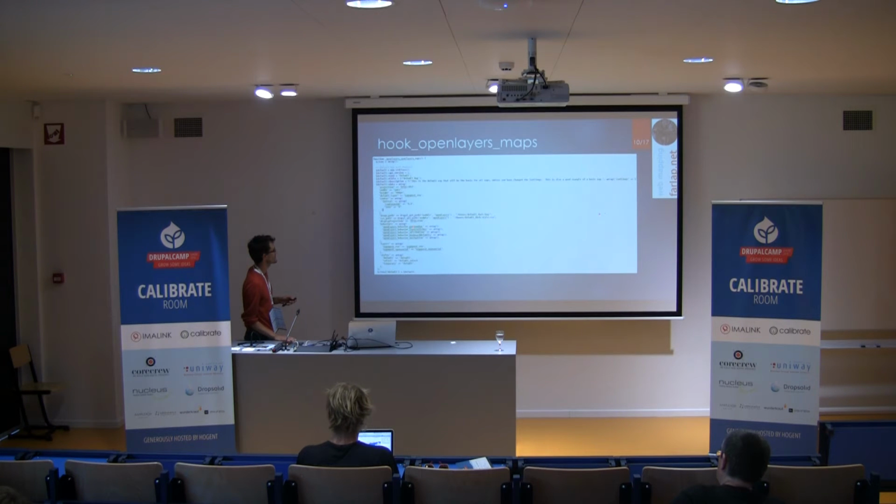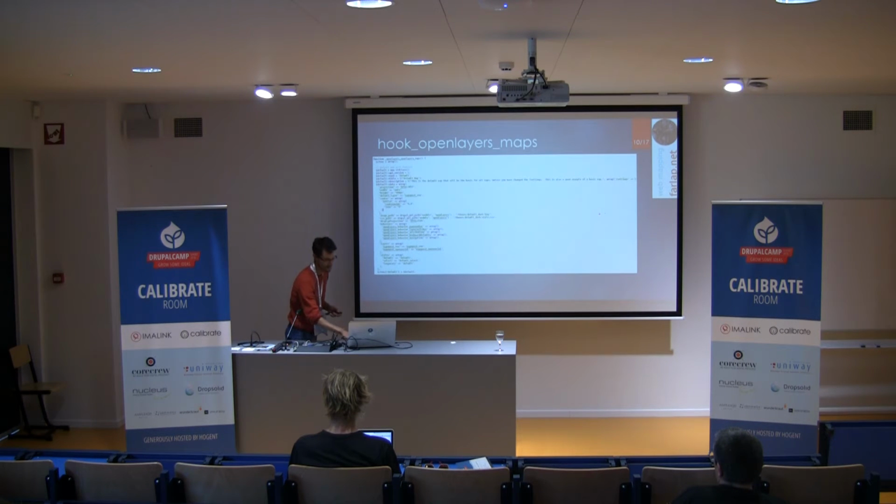You tell the system, okay, I want a zoom bar, I want a layer switcher, I want a navigation control. You specify additional maps that will appear in the layer switcher. So here you can say, okay, I want these OpenStreetMaps, I want an aerial map. And at the end, if you have defined some styles, you can add them here, so the map knows about them and can take them into account for rendering.